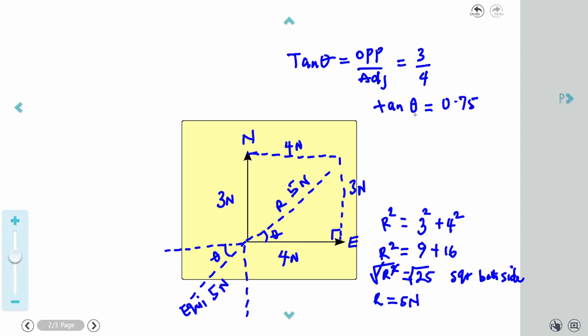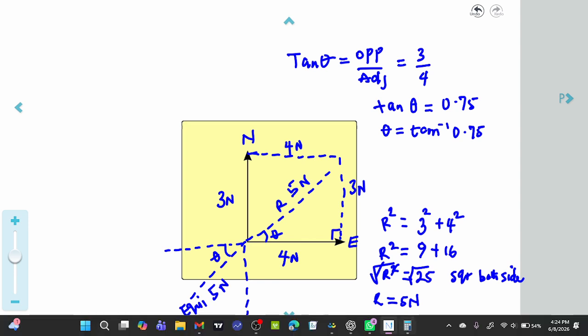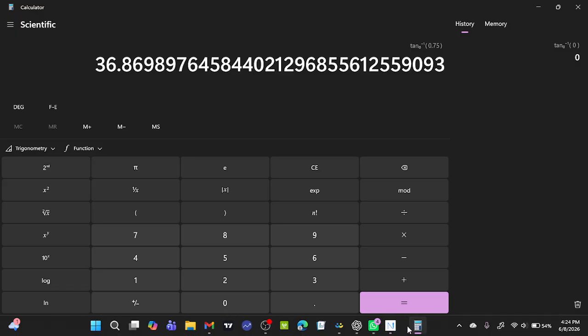Then, since we are looking for the value of theta, tan has to cross over, and then we'd have here tan inverse. Theta equals the tan inverse of 0.75. So the tan inverse of 0.75 from my calculator would be 37 approximately.